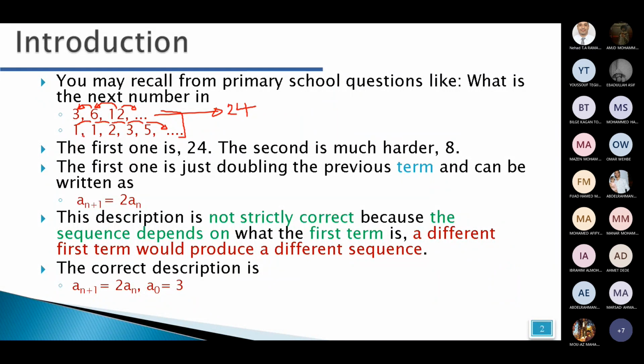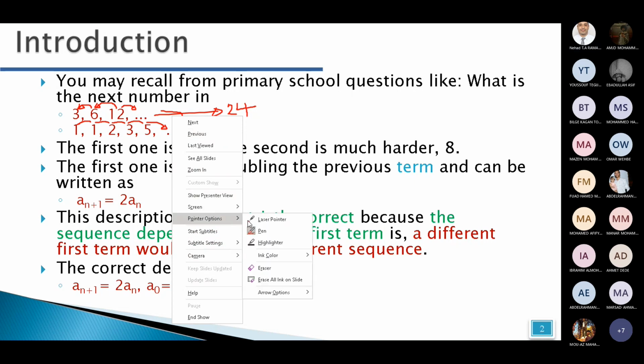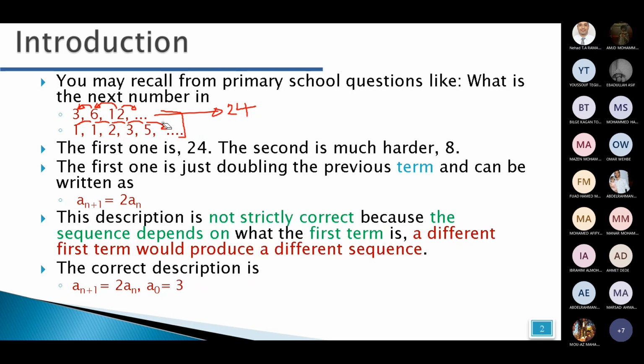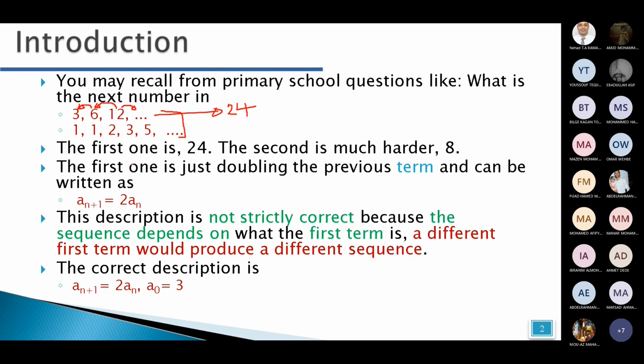If you look at the second one, it's a little bit more difficult, but you will see that each element is the summation of the previous two elements.